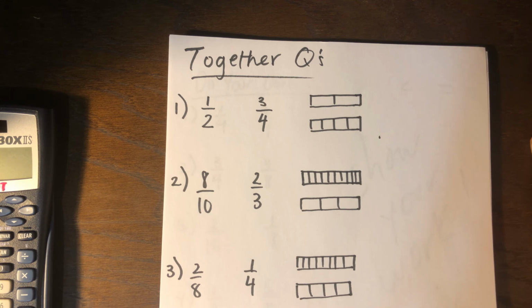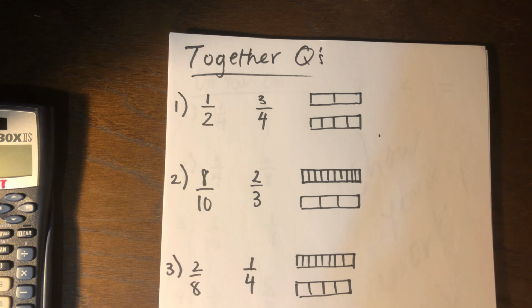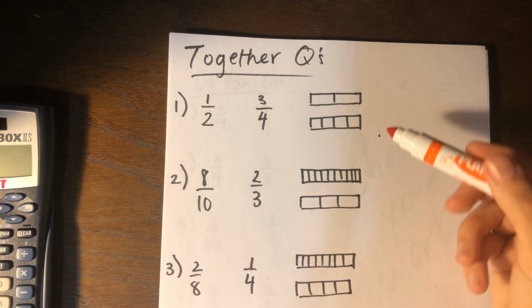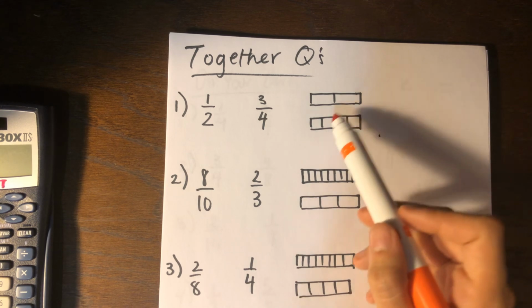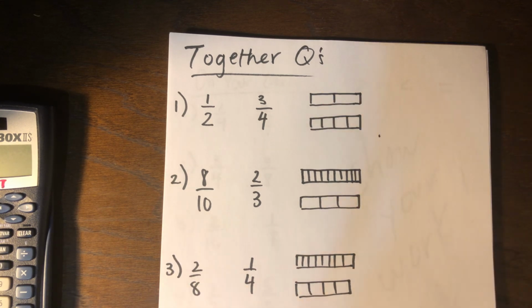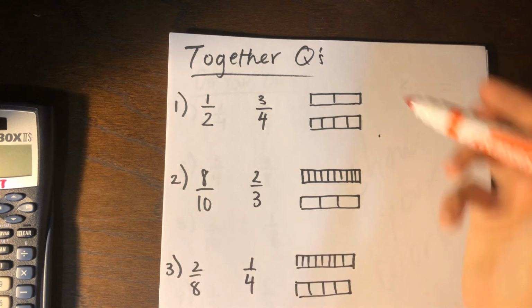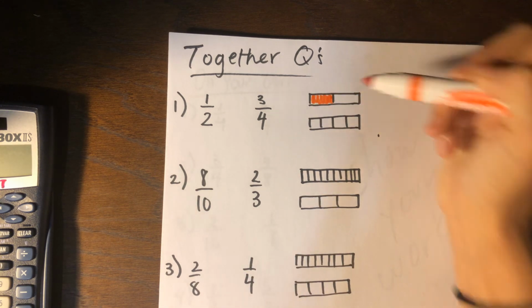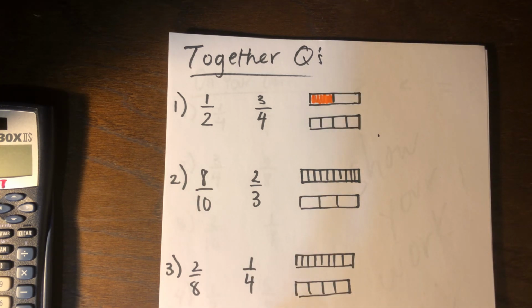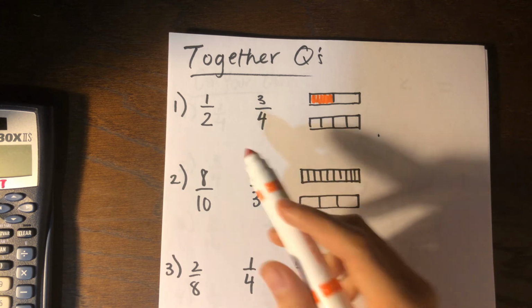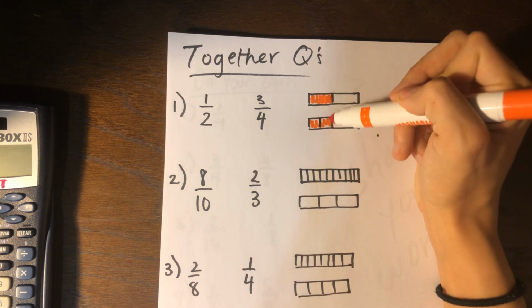I'm going to show you 2 different ways you can solve or compare these. To compare if 1/2 is bigger than 3/4, I've drawn pictures. This one has 2 blocks, so 1/2 is represented by coloring 1 block in. For 3/4, I have 4 blocks here, so I'm going to color 3 out of 4.